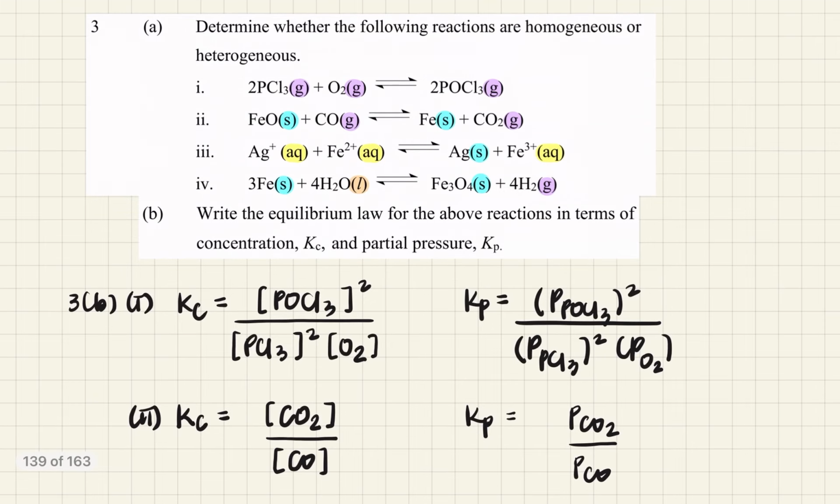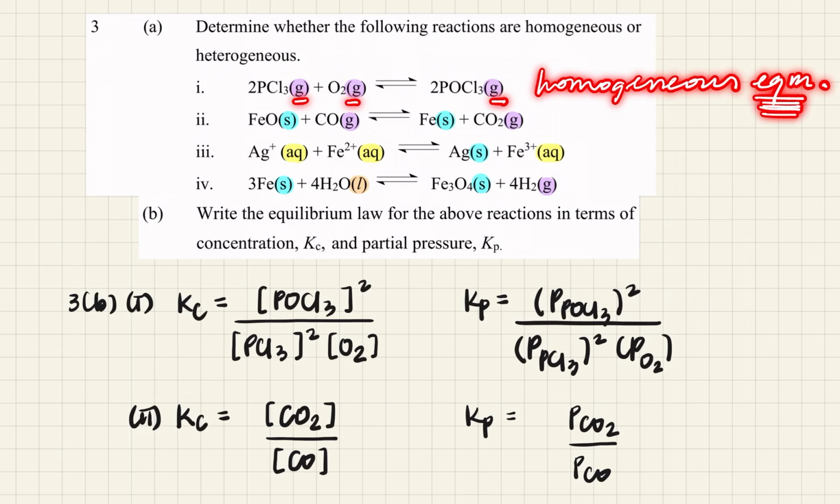Next, number 3, we will determine whether the following reactions are homogeneous or heterogeneous. So this is quite simple, right? You just have to look at the phases of your reactions. So since this is all in gas phase, that means it is homogeneous equilibrium.